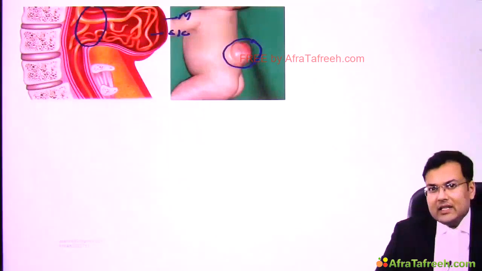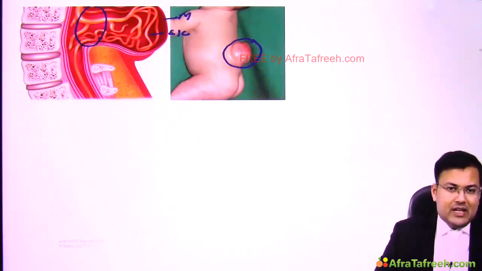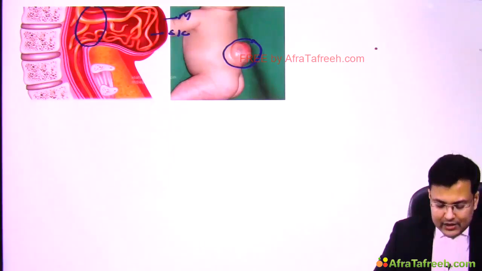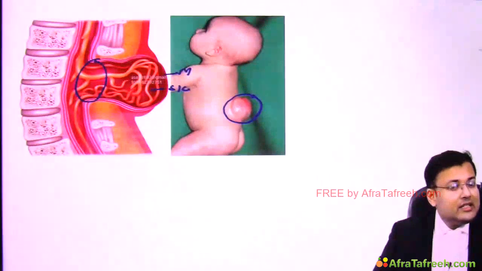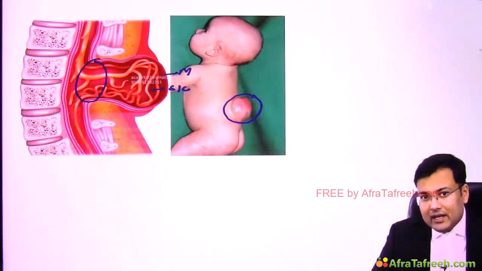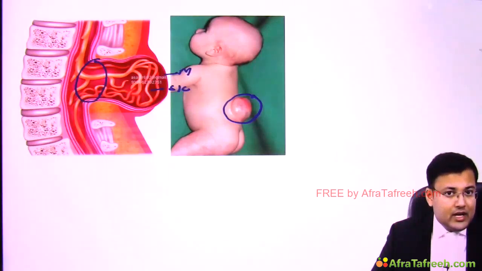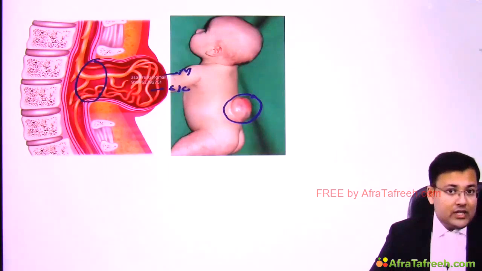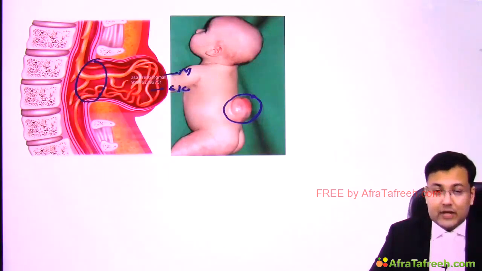Now see, this topic is asked in pharma, in pediatrics as well as in surgery, and the questions are mainly related to etiology. In myelomeningocele there is genetic predisposition. If one child is affected, the risk of recurrence is 3 to 4%. If two children have myelomeningocele, the risk is up to 10%.